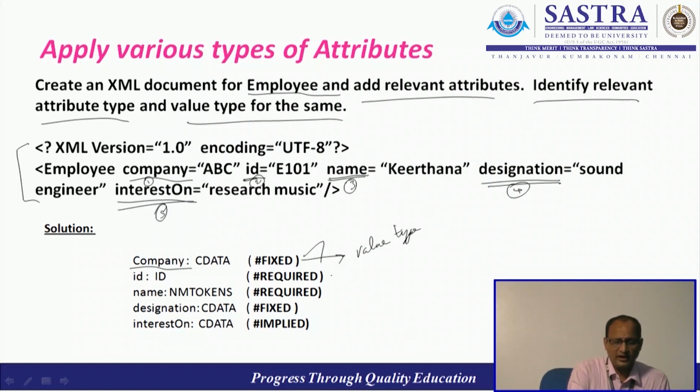For ID, we have to create the attribute as ID, and as we discussed earlier, the attribute ID should be the employee ID, so it should start with a character like E101, E102, like this.